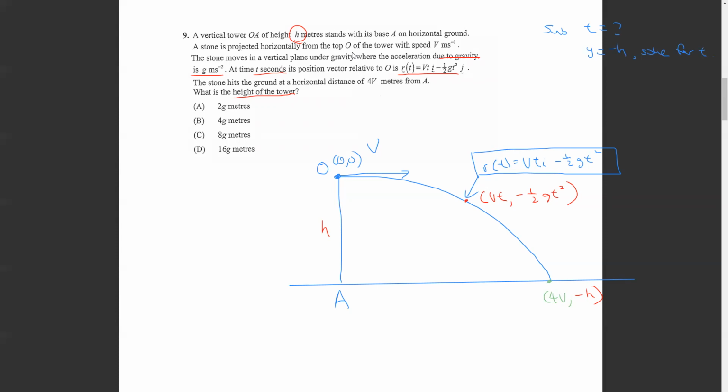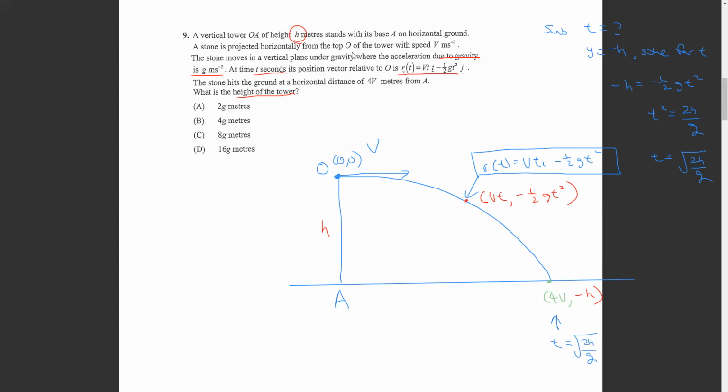We'll get negative h equals negative half g t squared. So t squared will equal 2h over g, or t must equal the square root of 2h over g. We'll go for the positive time.